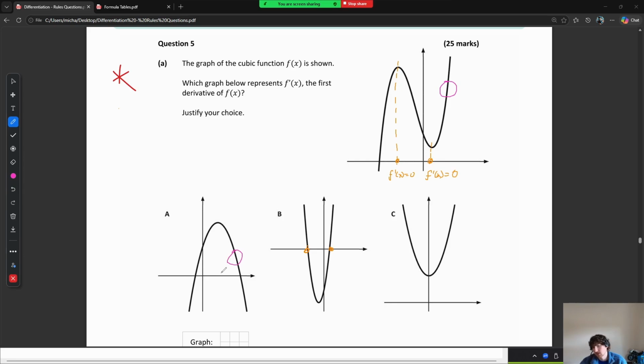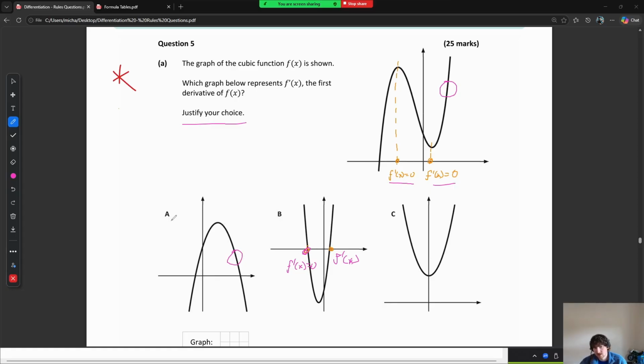So there's no way it could have switched to being down on the right. So hopefully that makes sense to people. So you have to justify your choice. This will be the thing on the diagram here. And so you would have mentioned that they're the same locations where f dash x equals 0. So basically where the turning points occur, they are where the quadratic would cross the x-axis, have a value of 0. Okay.